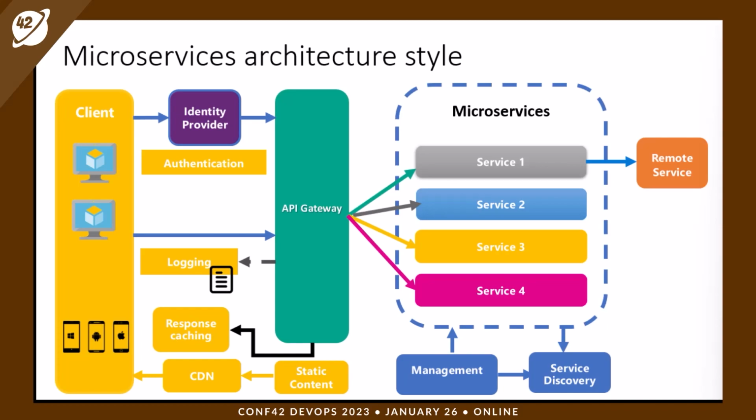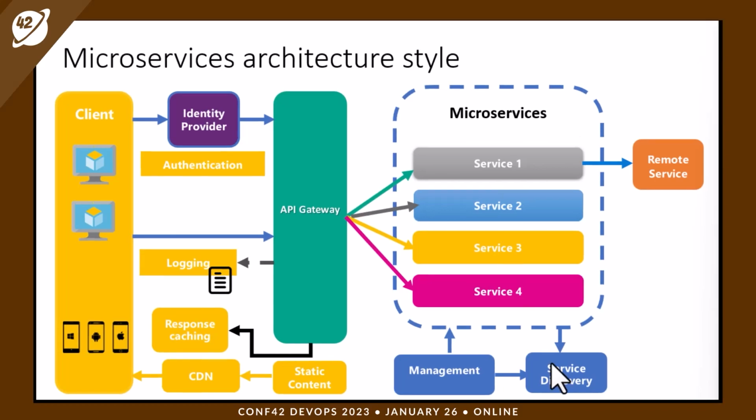There are various components in a microservices architecture apart from the microservices themselves. We start with the management part that maintains the nodes for the services. We have also the identity provider that manages the identity information and provides authentication services within a distributed network. Service discovery keeps track of services and service addresses and endpoints.